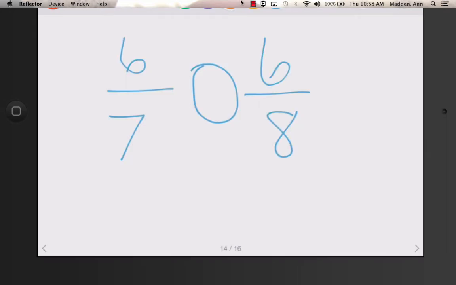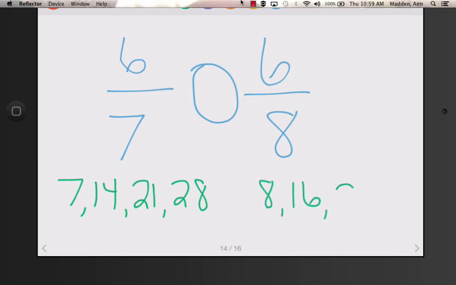All right, let's look at another one. 6/7 and 6/8. What I need to do is find a common denominator. I can start listing the multiples of 7, and then I can start listing the multiples of 8. If I don't find any in common, I have to continue on.